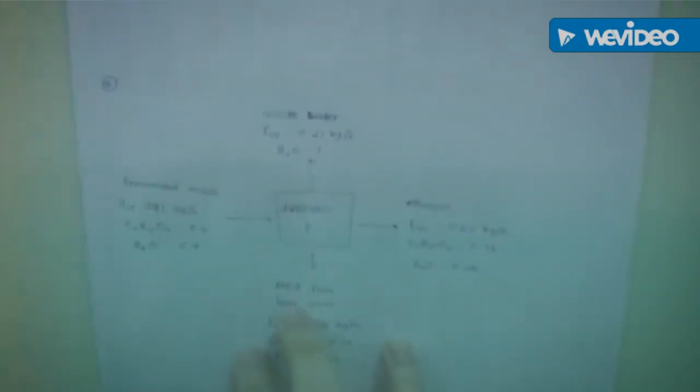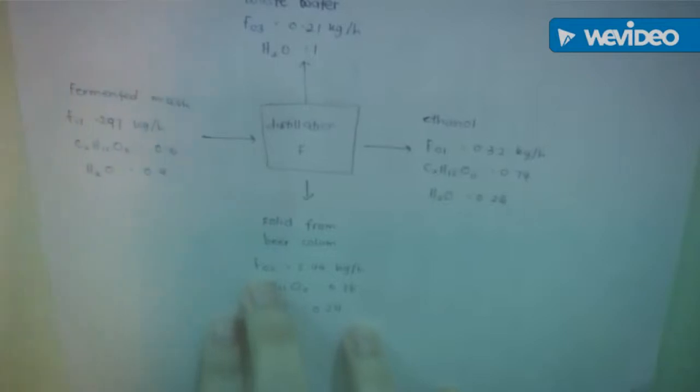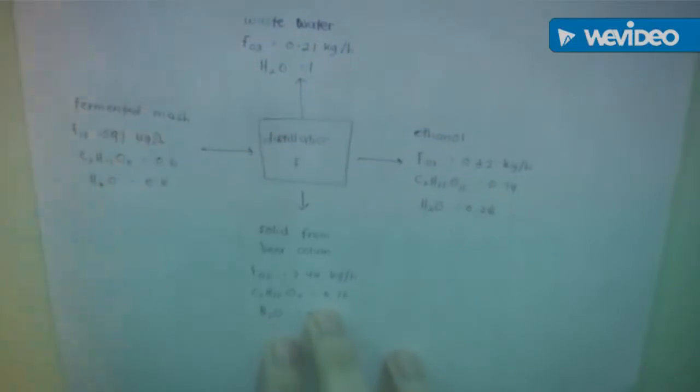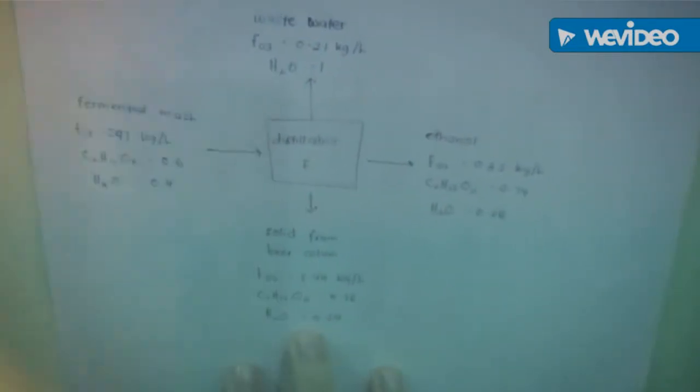The products that will go out are, first, wastewater with flow rate 0.21 kg per hour with water 1, then ethanol with flow rate 0.32 kg per hour with material balance sucrose 0.74 and water 0.26. And the last one is solid from B column with flow rate 2.44 kg per hour. Material balance sucrose is 0.76 and water 0.24.